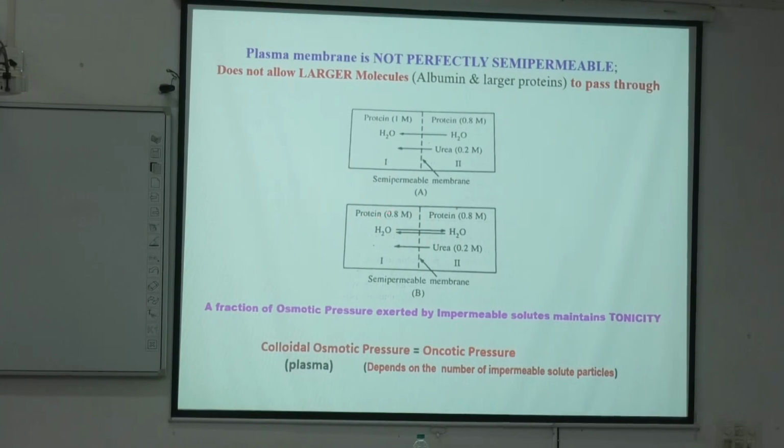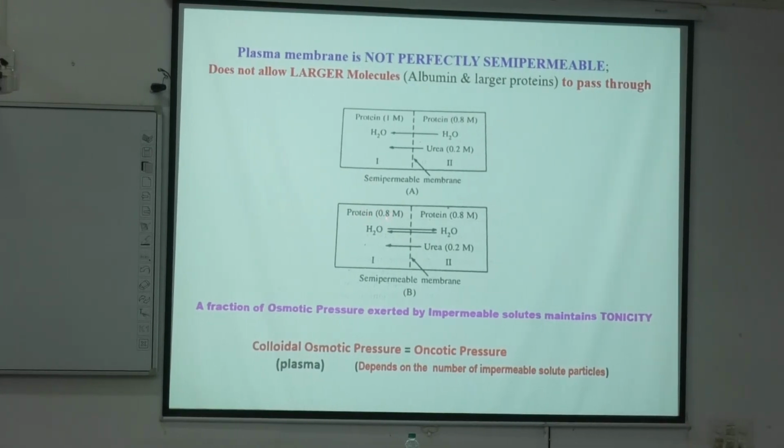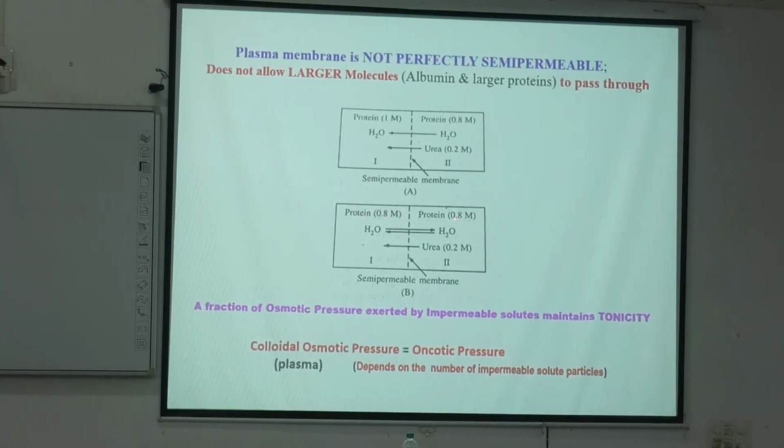If you look here, protein is 0.8, but protein is 0.8 here also, and urea is 0.2. Protein is not permeable, but urea can pass through. So, a fraction of the osmotic pressure which is exerted by the impermeable solute is called oncotic pressure.